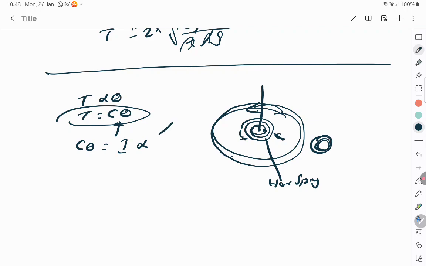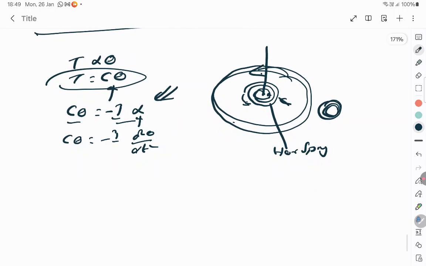We learned it in the rotational motion lesson. So equate both of these. Make sure you put a negative sign because it's a restoring torque here. So c theta is equal to minus I into alpha, and alpha is nothing but d square theta by dt square, which is the acceleration. So you get a new differential equation.